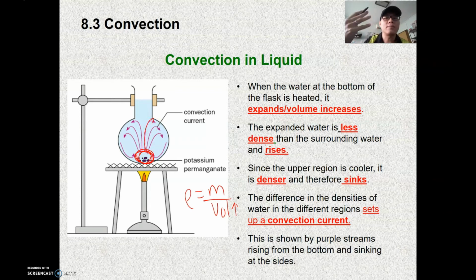At the same time, the fluid at the upper side, which is still the same or actually colder, in fact with a density higher than the hot fluid, will sink down, because its density is relatively higher. So the hot will rise and the cold will sink.